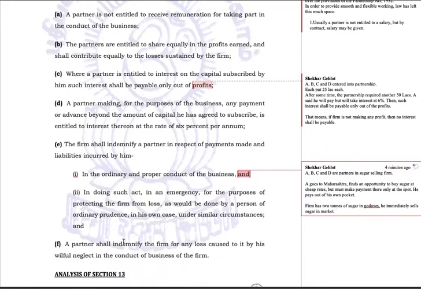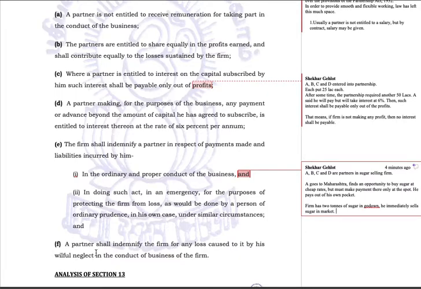A partner shall indemnify the firm for any loss caused to it by his willful neglect in the conduct of business. Now we are not talking about neglect, we are talking about willful neglect. That means he did it knowing that his act is going to be bad for the firm. If then also he does it, that is just like the case of fraud we discussed. Similar is the case of willful neglect.